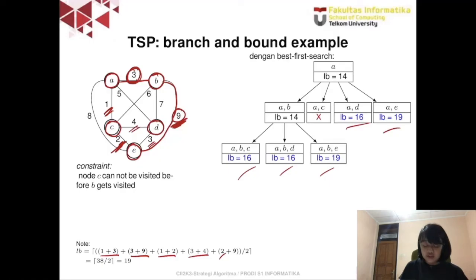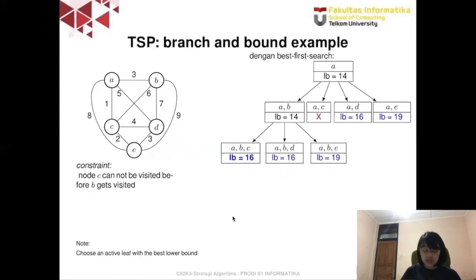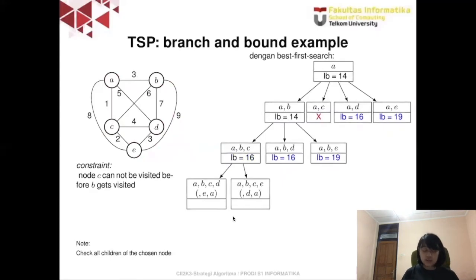So we have 3 16ths here, but of course we will prefer to consider the lowest bound that is obtained after we have constructed more of the partial solution, because we have already checked more nodes than what we have in the first level. Okay, so between the first one and the second one, we choose one of them. So let's say that we choose the first one, A, B, C, and we check the children of it.